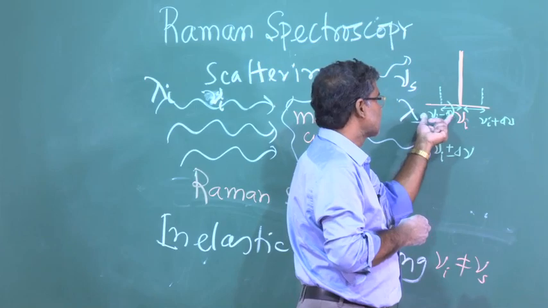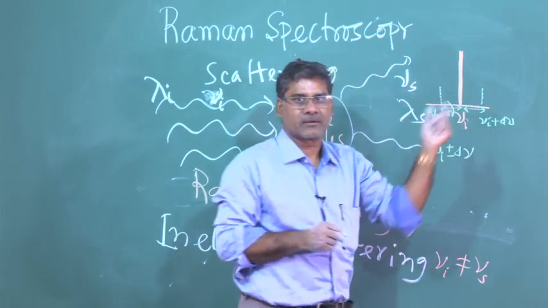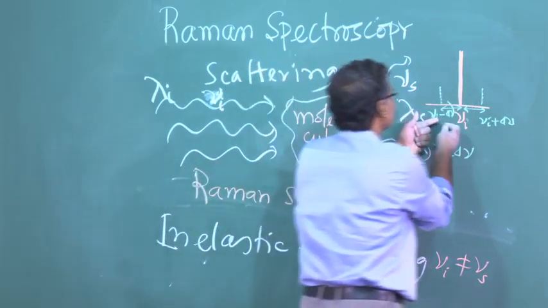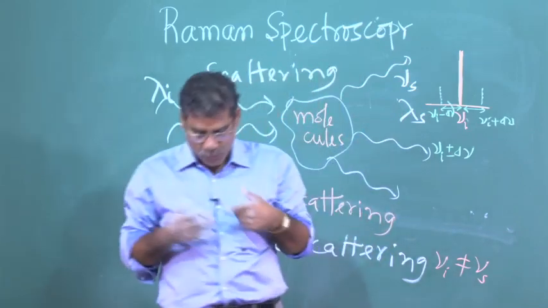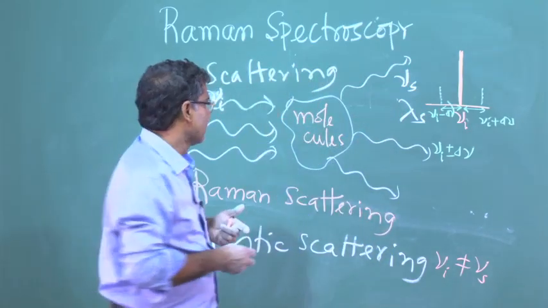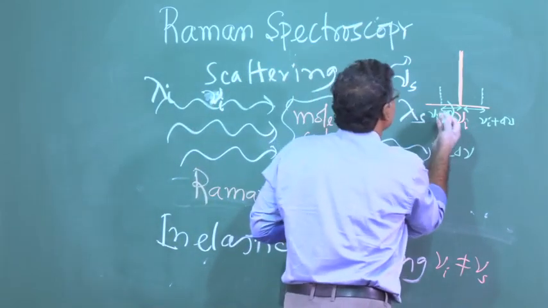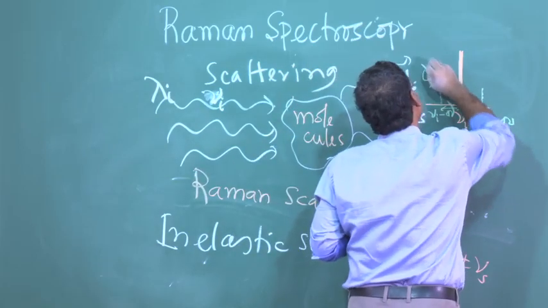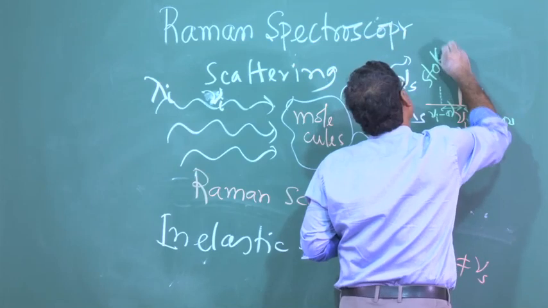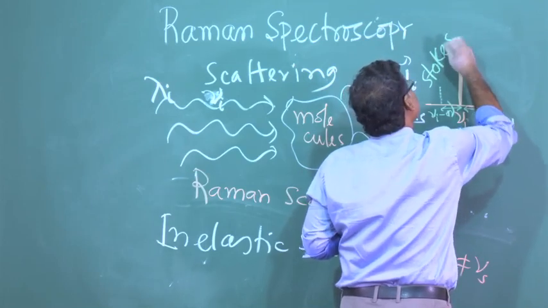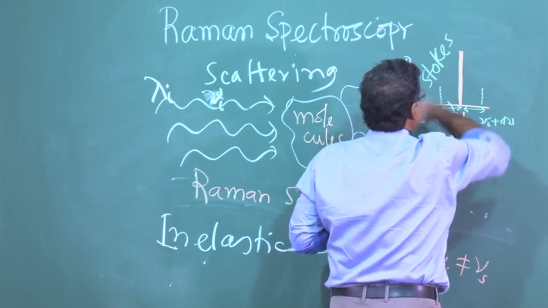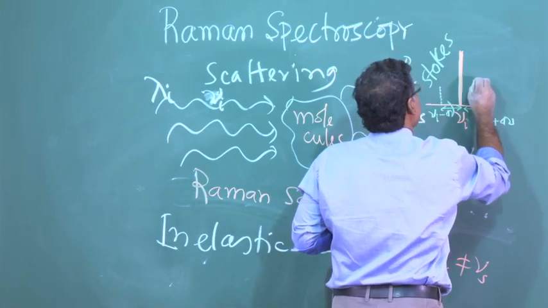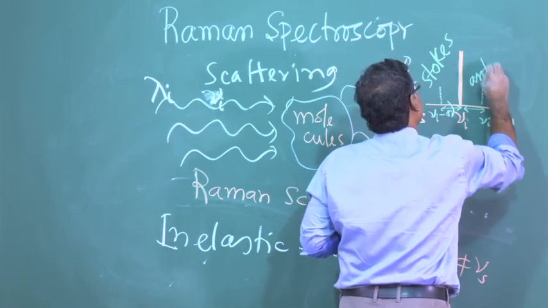He called these two lines the Stokes and anti-Stokes lines. The line at lower frequency is called the Stokes line, S-T-O-K-E-S, and the other is called the anti-Stokes line.